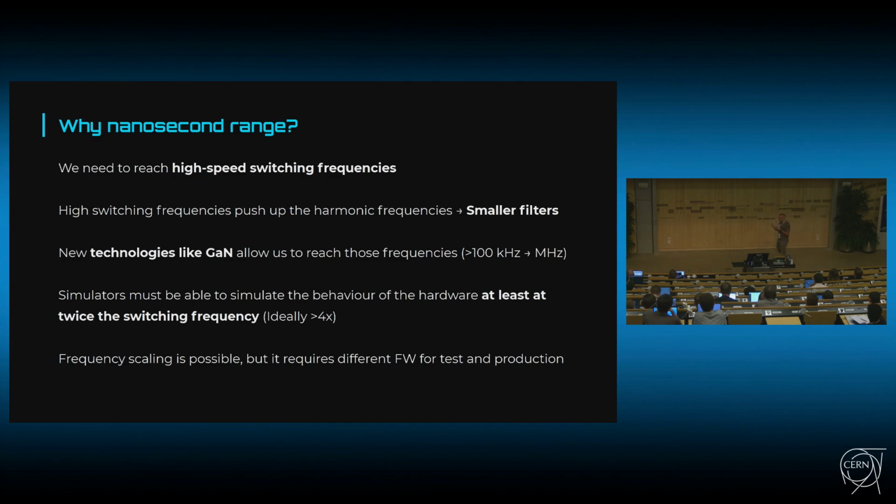So we are going to have two different firmwares, one for the simulator and the other one for production, which is not ideal. Ideally we have to use the same firmware for testing, for simulation, and for production.